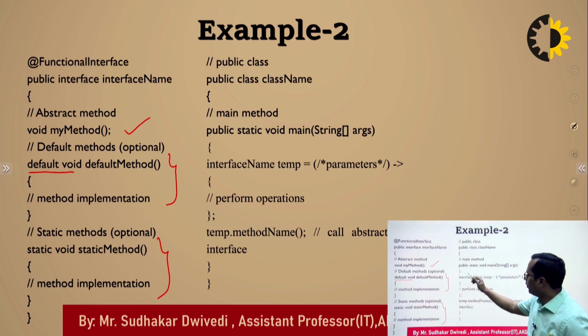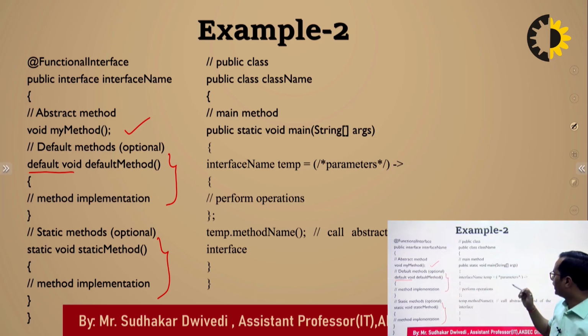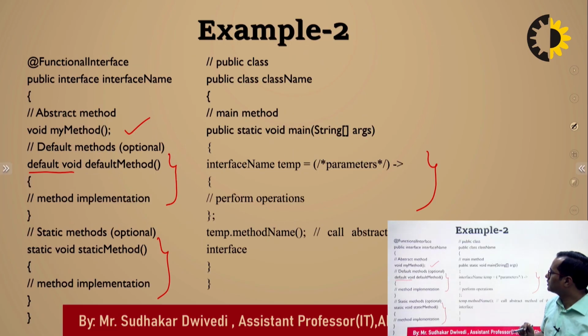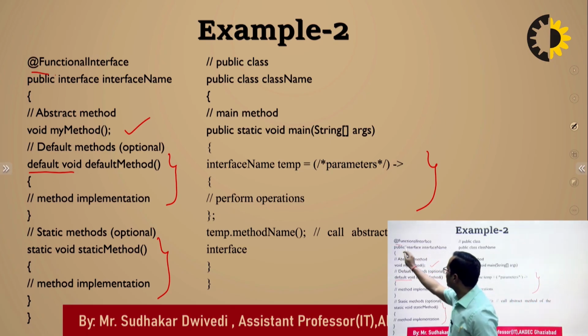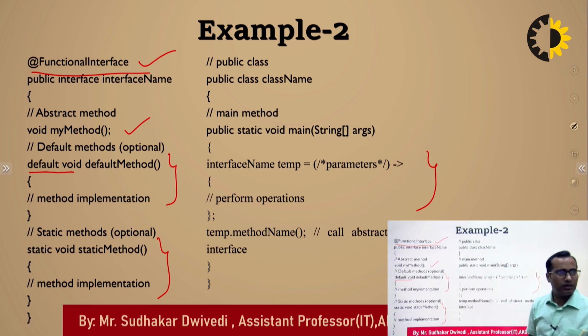So now we have to provide the implementation of the abstract method that we have mentioned here. So we can provide the implementations here by using different techniques. I have said we have just mentioned the @FunctionalInterface annotation here. What is the meaning of mentioning this type of annotation? Why are we going to mention this annotation here?